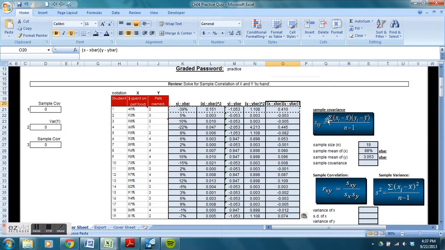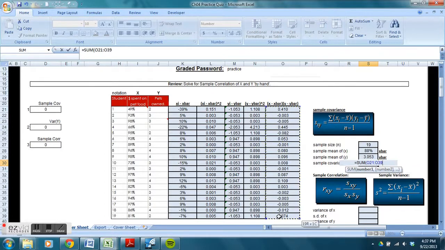Now that represents our numerator in the formula right here. And now we want to divide by n minus 1. So there's our sample covariance. I like it in decimal form.